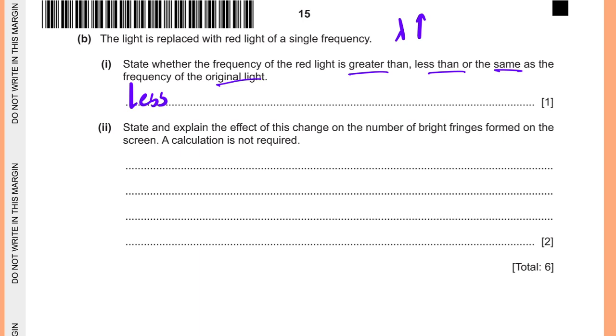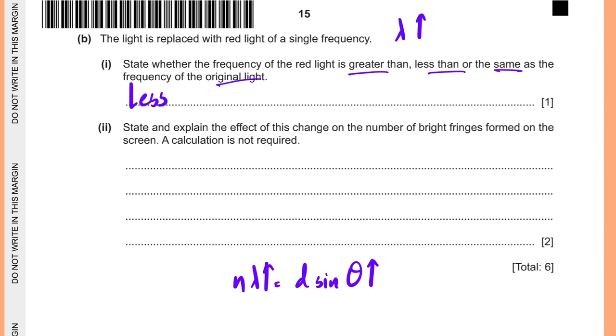So I'll just write down the diffraction grating equation again. n lambda equals d sine theta. Lambda goes up, so the angle of a certain order, of any specific order, would go up, and that would obviously mean that fewer fringes can now be captured on the screen. So you'll have fewer fringes forming.